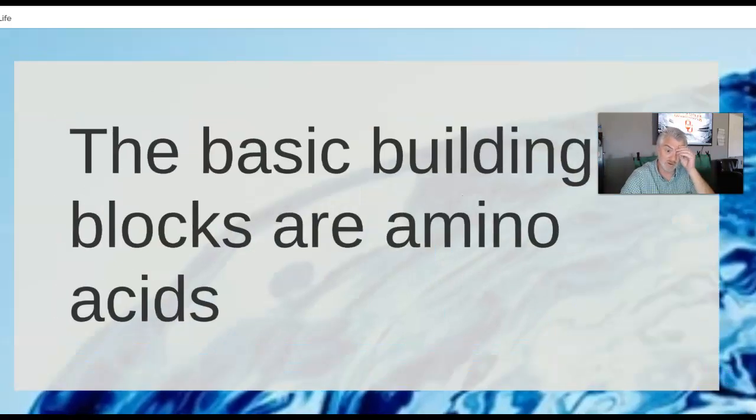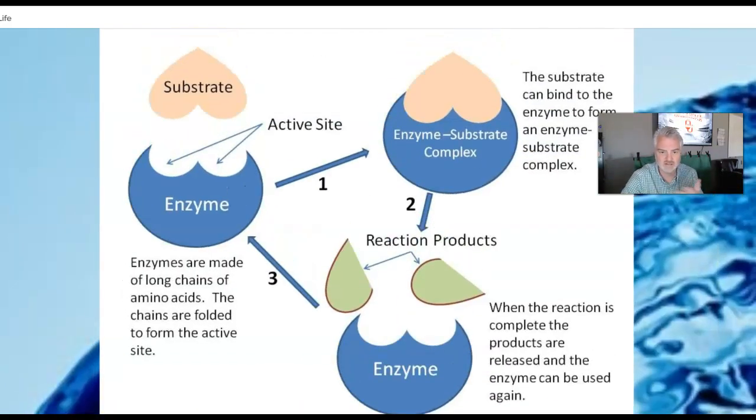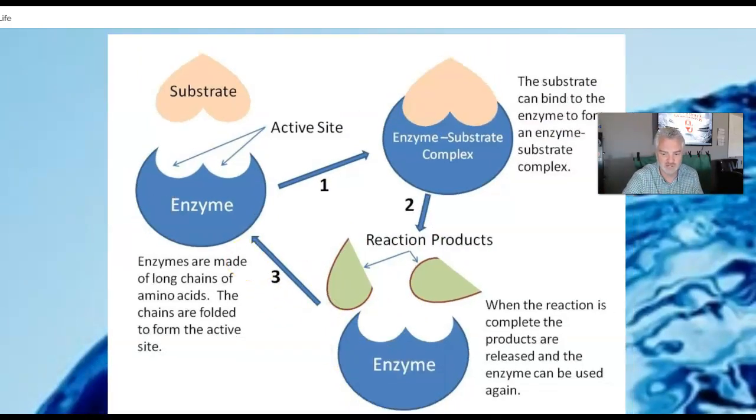The building blocks of proteins are amino acids, what we call the monomer of a protein molecule. You put all these different amino acids together to make up a protein. And again, there's a picture of enzymes, which are classic examples of proteins.